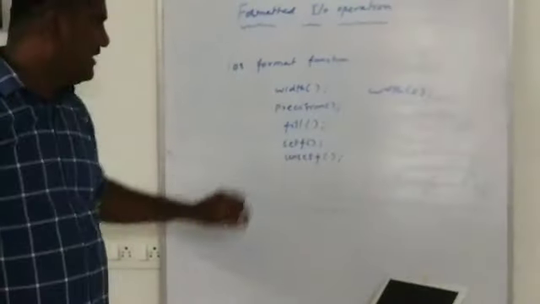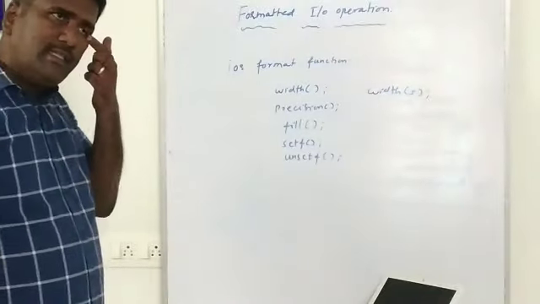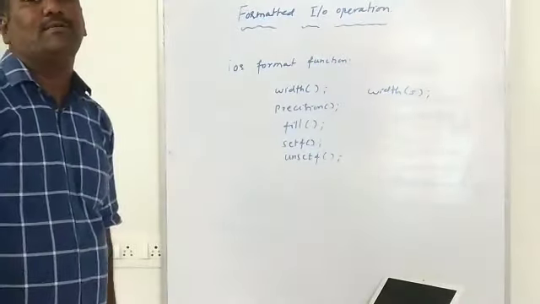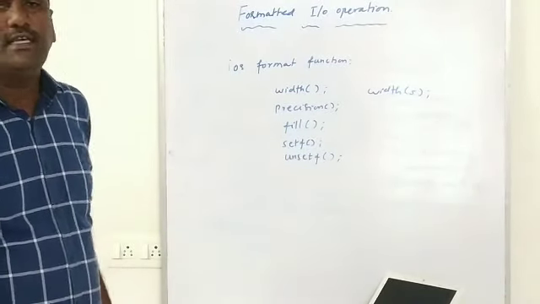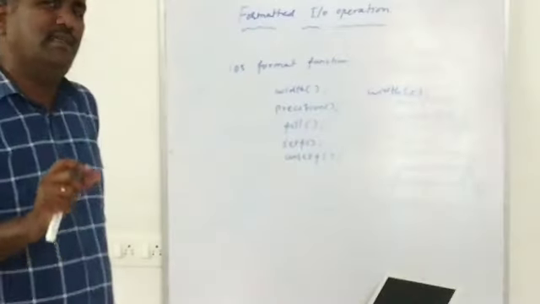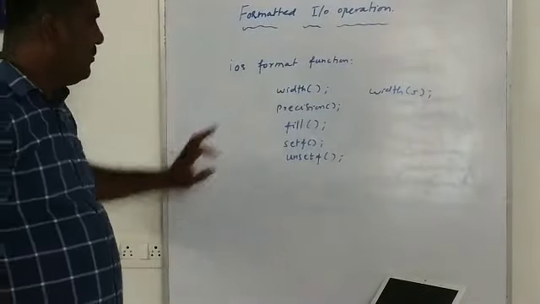Next, the precision. The precision specifies the number of digits present after the floating point. That is the purpose of precision.